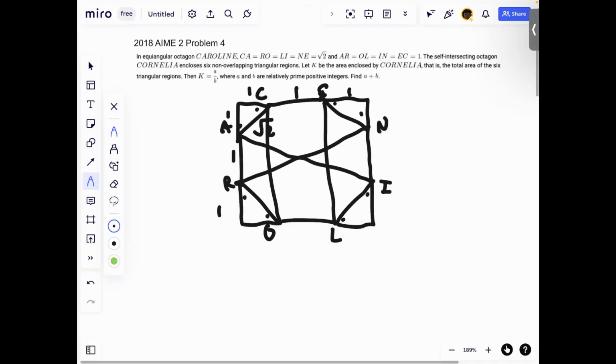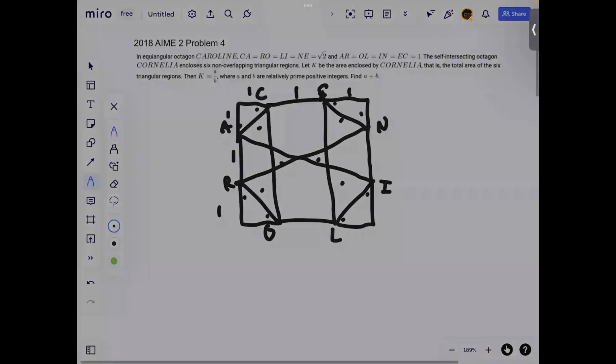So it's just the area of the triangular regions.